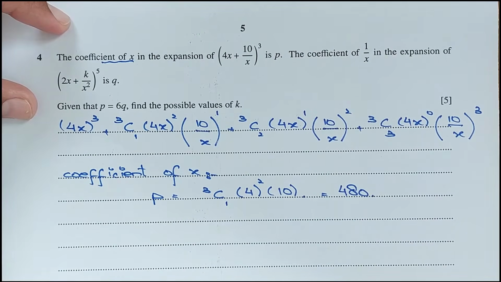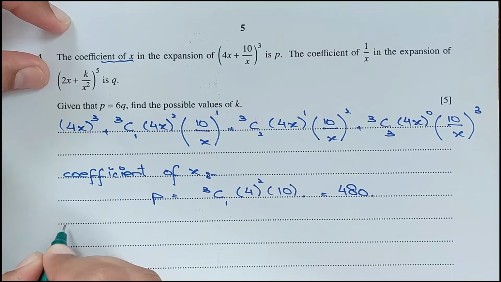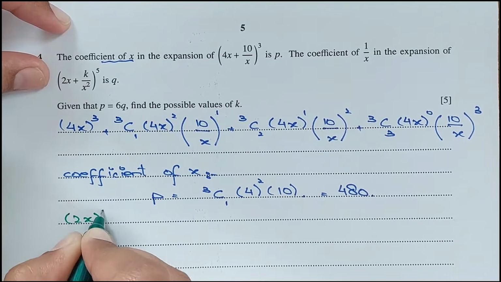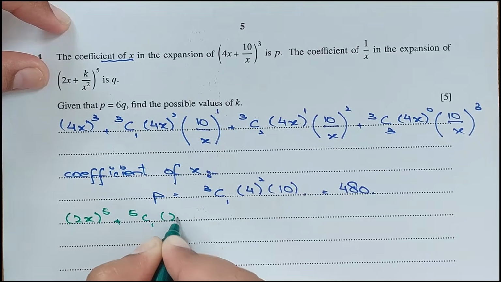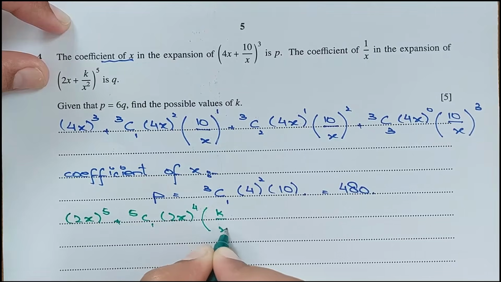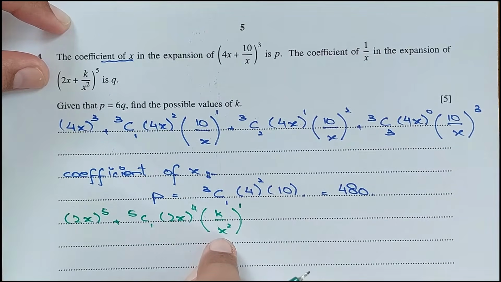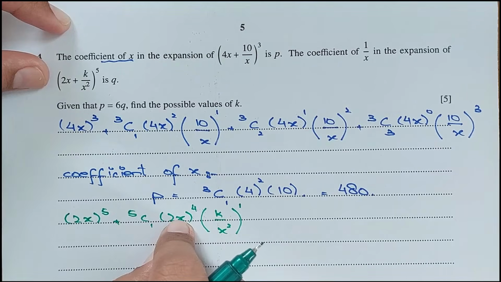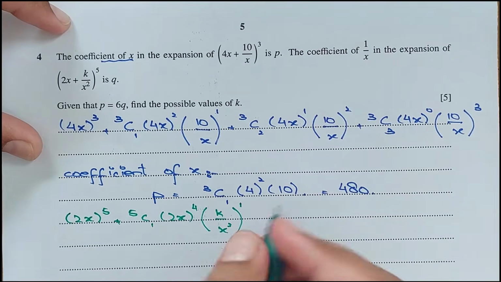Now the second part, it says the coefficient of 1 over x. Let me expand this. (2x) to the power 5, then 5C1 (2x) to the power 4, k over x squared to the power 1. So x squared and x to the 4, so we will get x to the power 5 here, x to the power 2 here, and we need 1 over x.